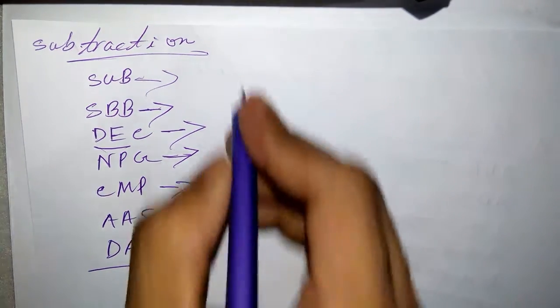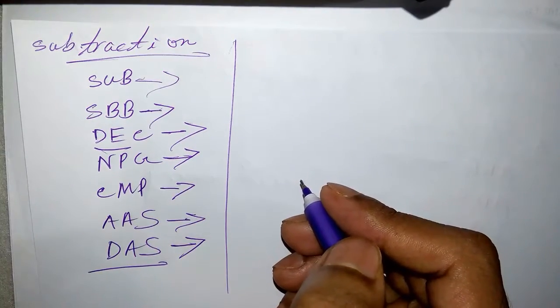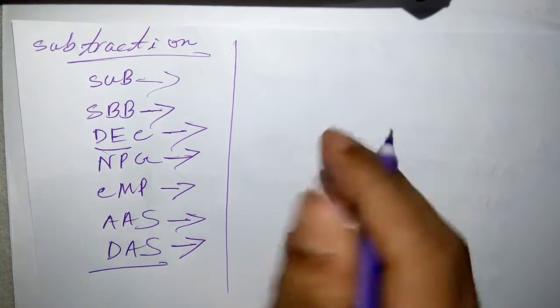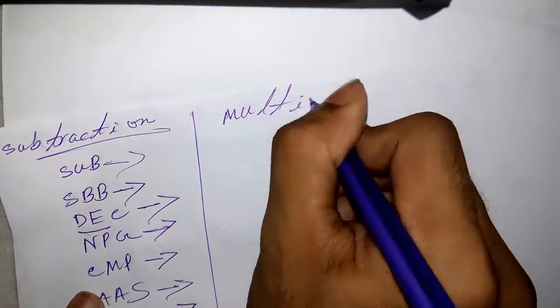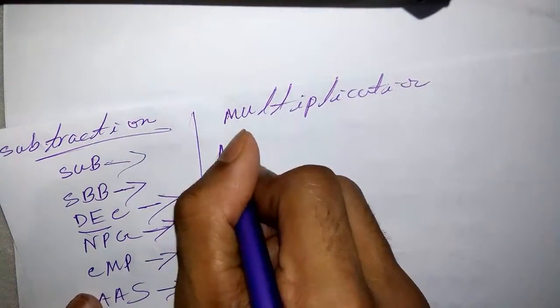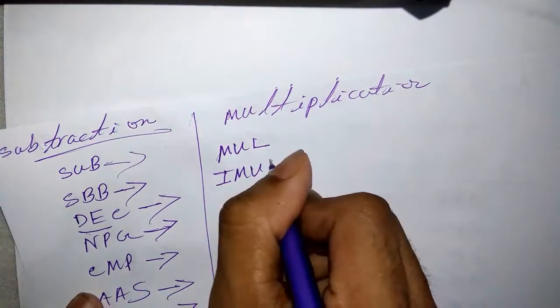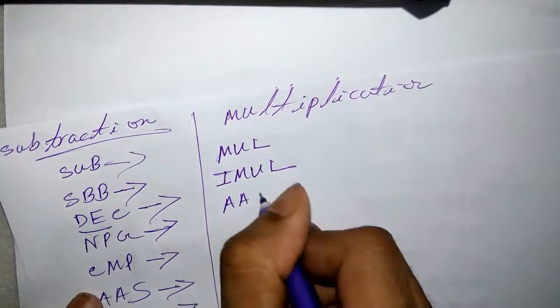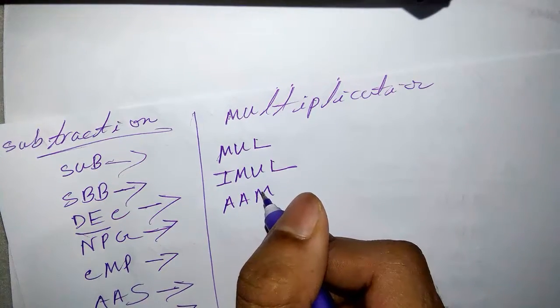Okay, after that I discuss the instructions to perform multiplication. For multiplication we use MUL, IMUL, AAM, those three instructions.